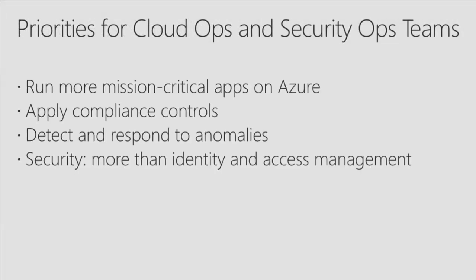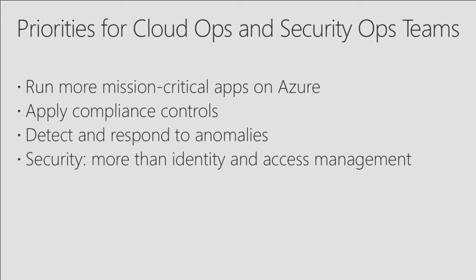Some of the priorities, and I'm sure most of you are in these categories, whether you're cloud ops or SecOps or NetOps, IT ops, there are a lot of ops. You have your responsibilities to run mission-critical applications in Azure and apply compliance controls from a security perspective. It's more than identity and access management. It's not just about controls.